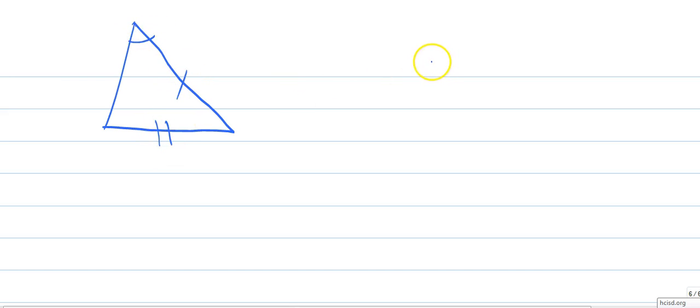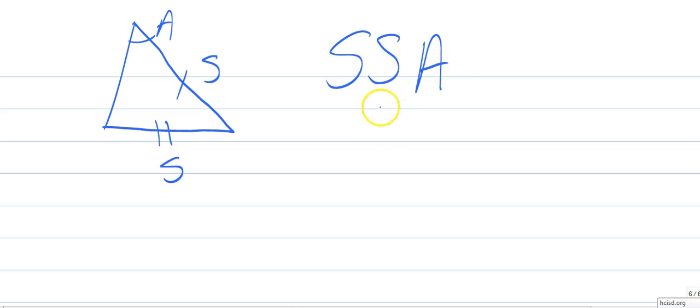And then another side note is going to be that this does not work either. We have a side, we have a side, we have an angle. So this triangle congruence does not work. And for those of you who can spell, S-S-A, side, side, angle does not work.